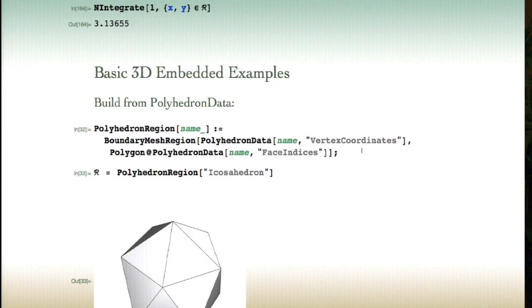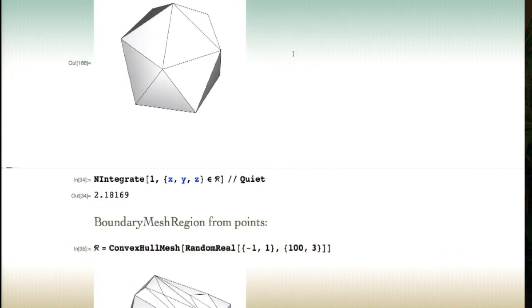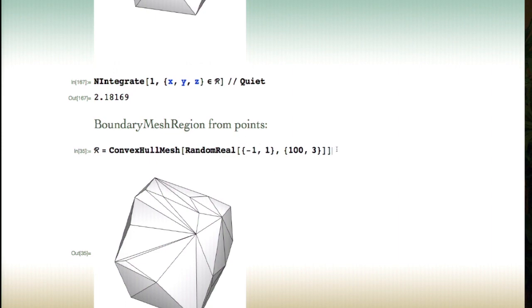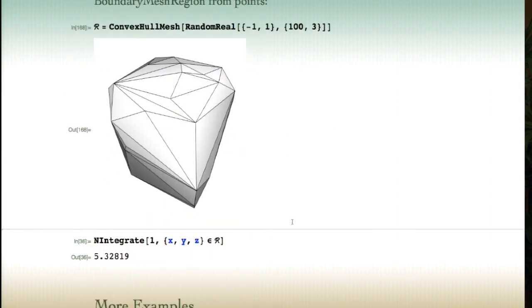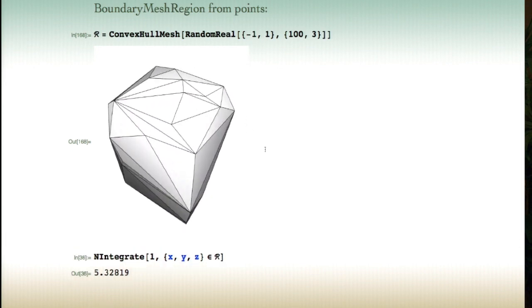Okay, here's from polyhedron data. In this case, I just take the coordinates and the faces. So here's an icosahedron. And now it's a region, so I can compute with it, like we do everywhere else. Again, we can do the convex hull mesh from a random set of points.